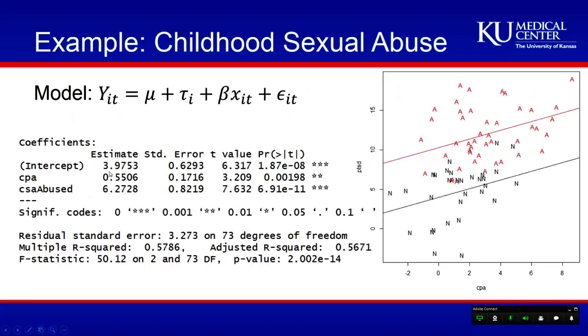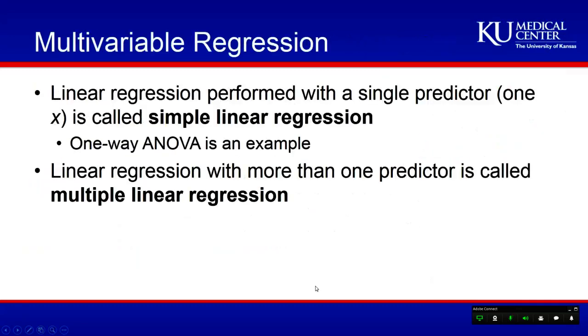I mentioned here the interpretation of 6.27, and that is that individuals who have a history of childhood sexual abuse can be expected to have PTSD levels 6.3 points higher on average than individuals without a history of childhood physical abuse. And it turns out, because of the model that we have here, that is true regardless of what level of childhood physical abuse they had.